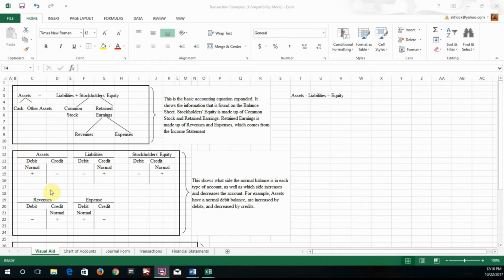And down here, I've given you a little summary of how debits and credits affect the different elements of the accounting equation. Debits always increase your assets. Credits always increase your liabilities and your equity.